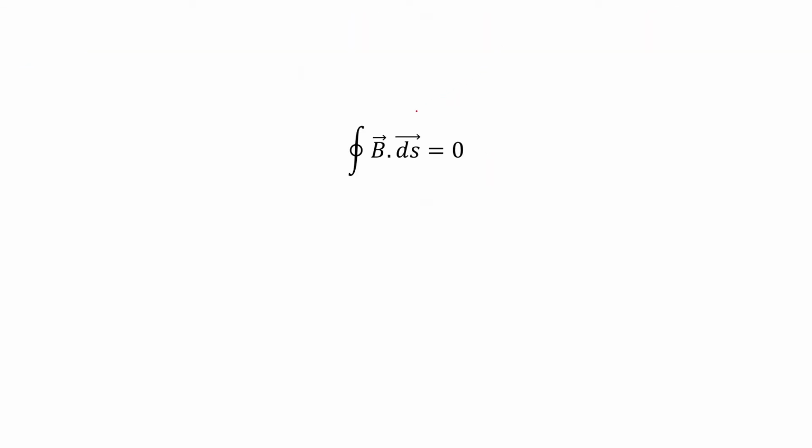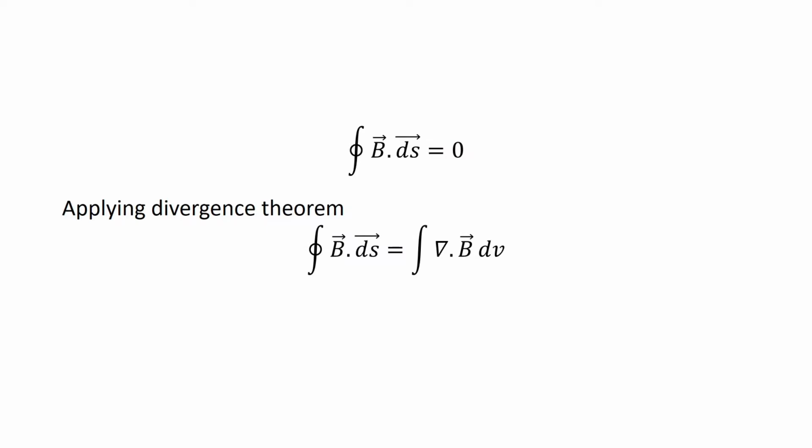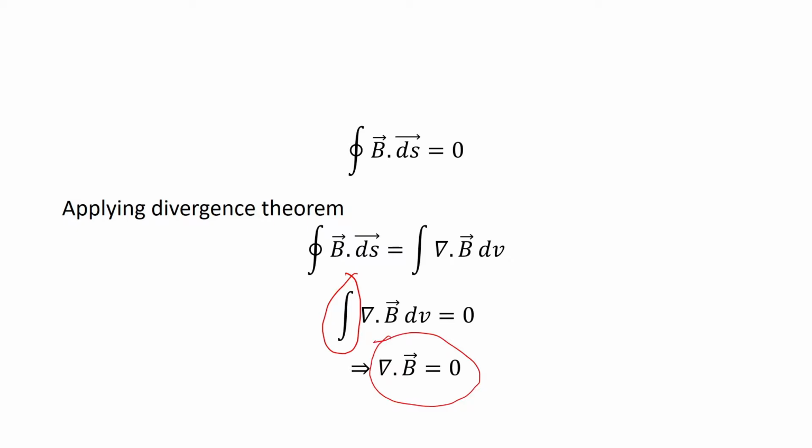So because the closed surface integral is 0, by applying the divergence theorem, I can say that the volume integral of the divergence of B is also equal to 0, and this should hold for all bodies. Hence, I can write that the divergence of magnetic flux density is always equal to 0.